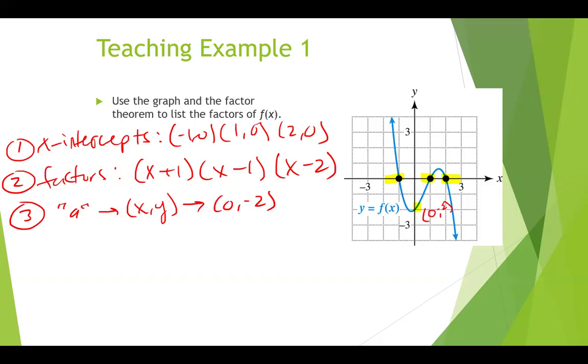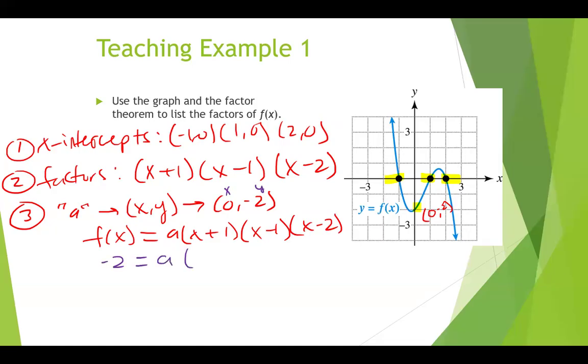So our function would be f of x equals a times x plus 1 times x minus 1 times x minus 2. Okay, so we're plugging in 0 for x and -2 for y. And that's how we're going to find our a. Does that make sense?